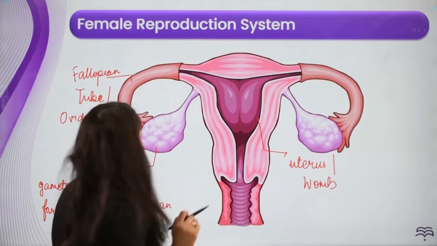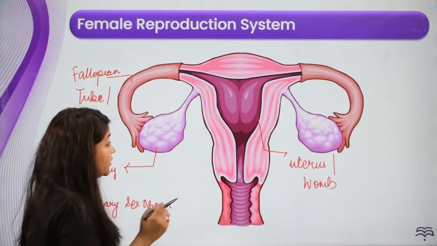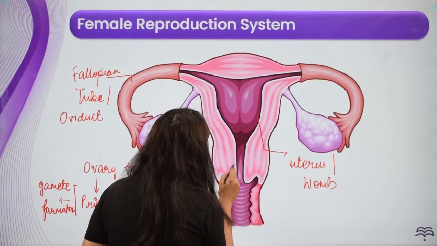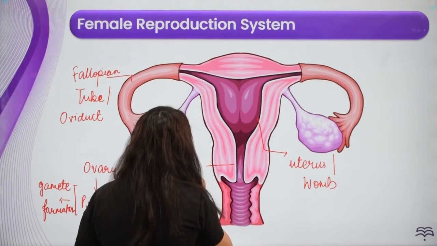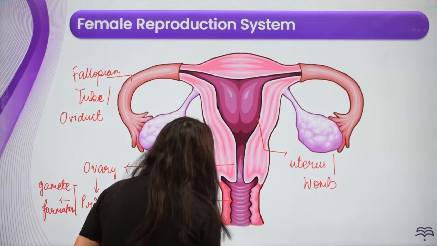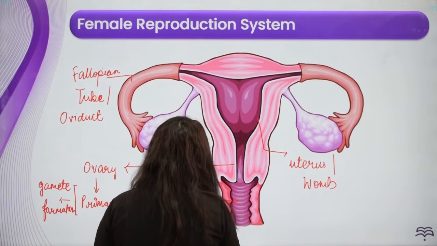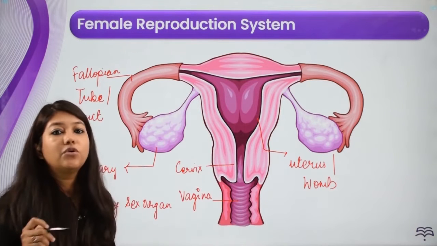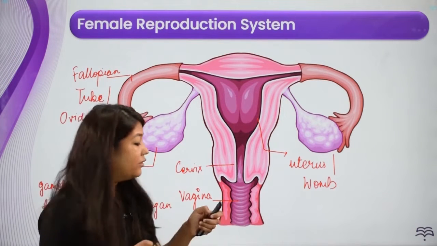This is the third important structure of the female reproductive system. Now this uterus is going to open into the cervix, and the cervix is going to open into the next part, which is called the vagina. These are the parts that we are going to focus on in this particular video.